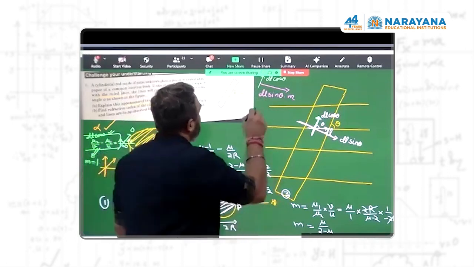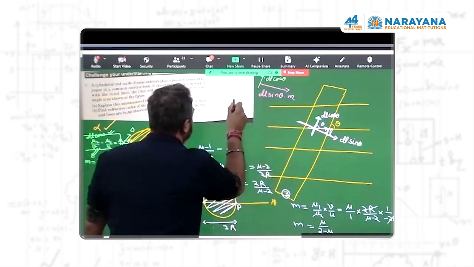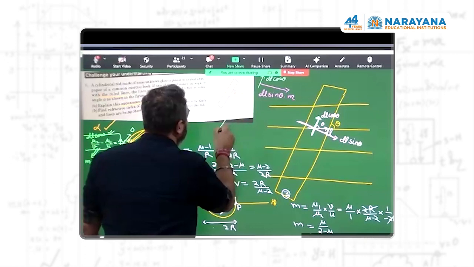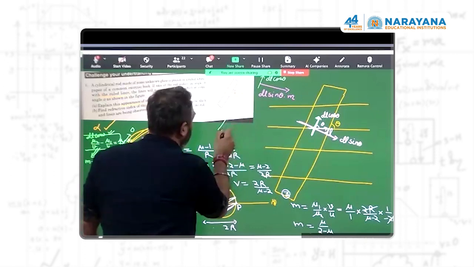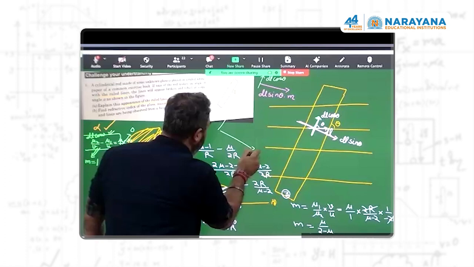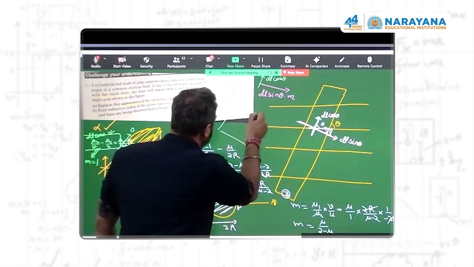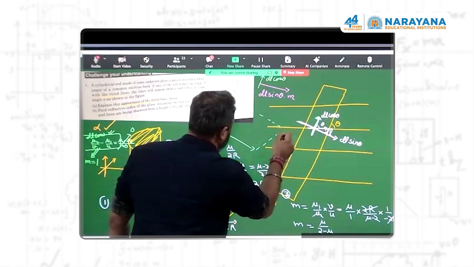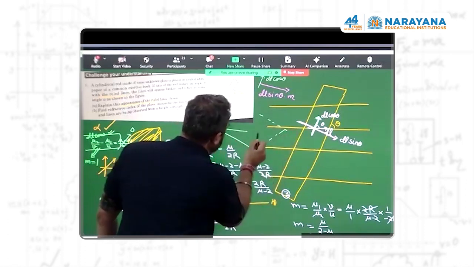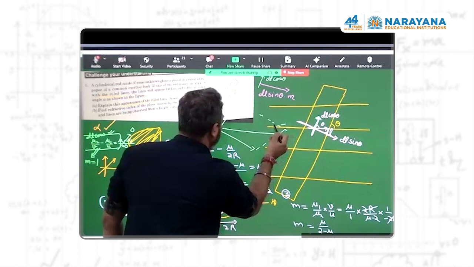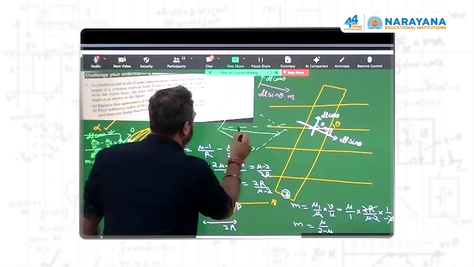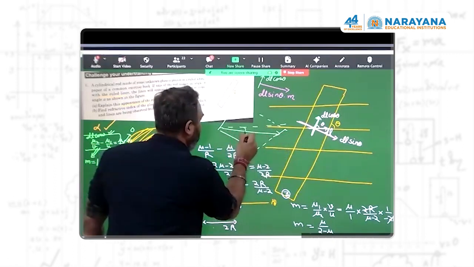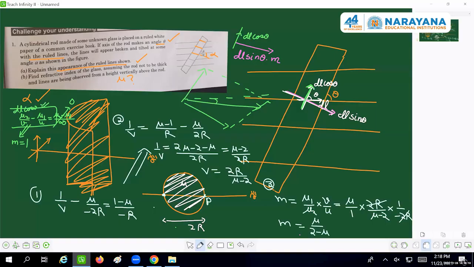And now the resultant of this, they have already said that this dl cos theta and this m dl sin theta, if you find out the final orientation, they have said that this orientation makes an angle of alpha with respect to the horizontal line where dl was.